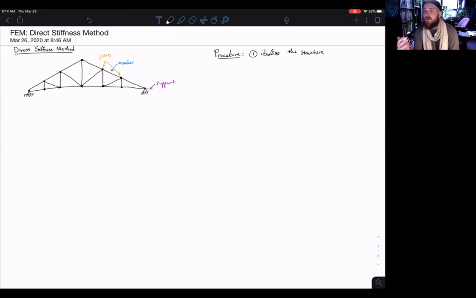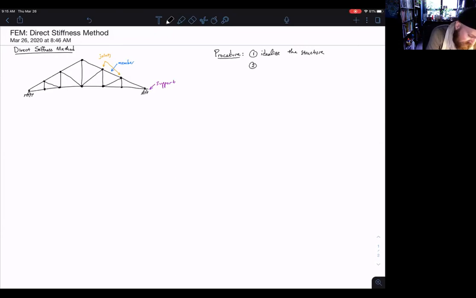And this is where you're really talking about meshing this, discretizing that continuous structure into a bunch of nodes connecting different members together. So in a lot of ways, this first step is kind of done for us, but it's going to be helpful to introduce some of the terminology and some of the mathematical nomenclature as we idealize the structure.